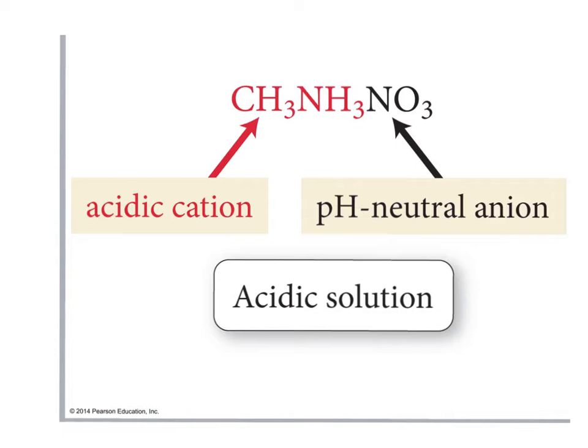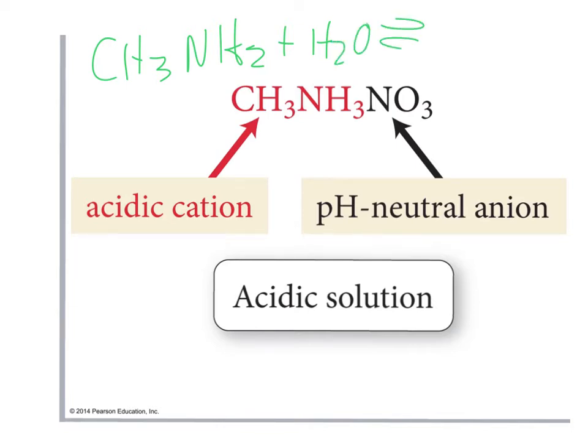Okay, so let's look at the situation where we have an acidic cation. Where did this cation come from, right? So this cation was from CH3NH2 in water solution, picking up a proton and becoming CH3NH3 plus, plus OH minus, right?